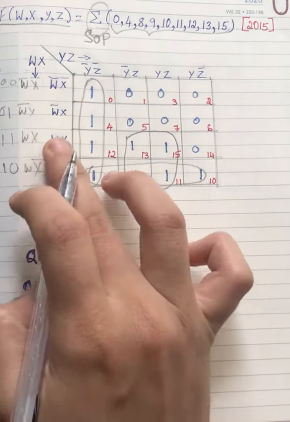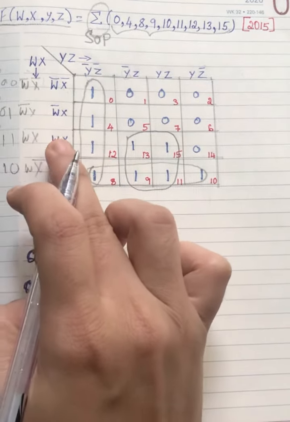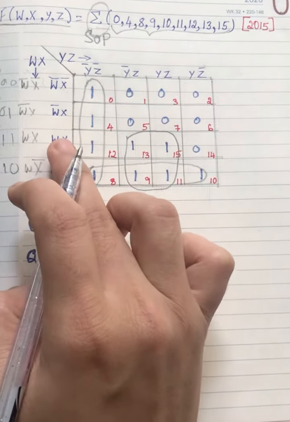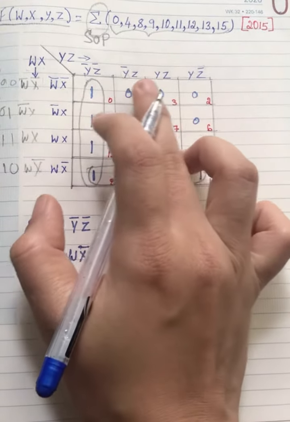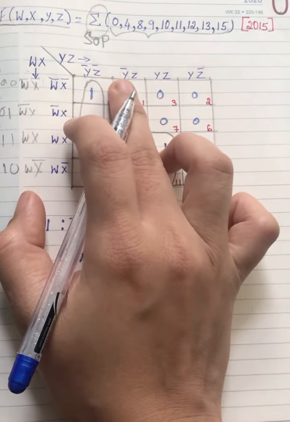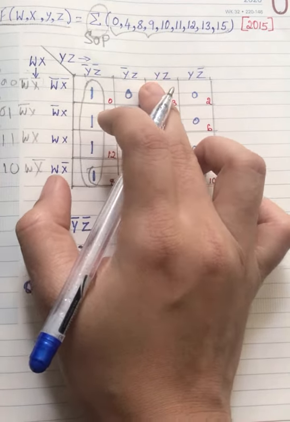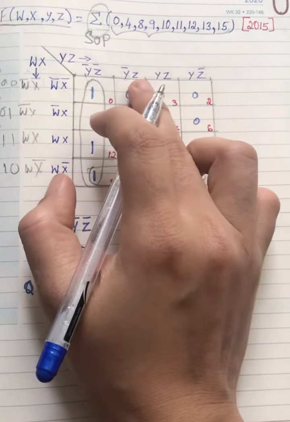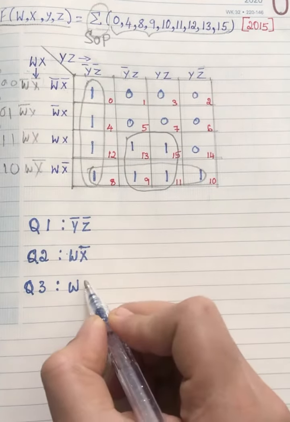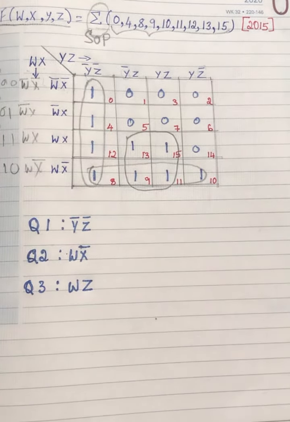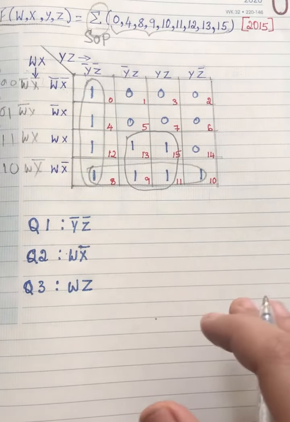In this the common term is W. This becomes 1. X bar plus X is 1. So go with this. Here Y bar plus Y becomes 1 and the remaining term is Z and Z. Z is a common term here. So you are going to write Z here. So this is the Q1, Q2 and Q3.